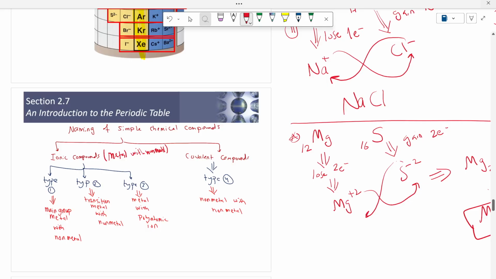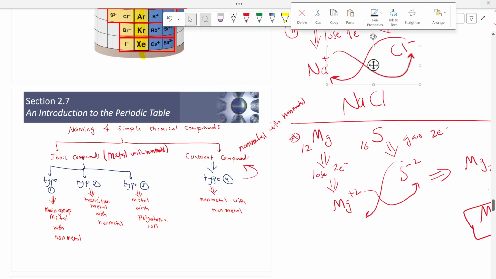So types 1, 2, 3 all belong to the ionic compounds, while type 4 is related to the covalent compounds, in which you have a non-metal with another non-metal.